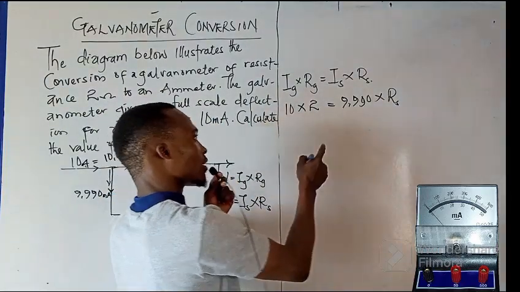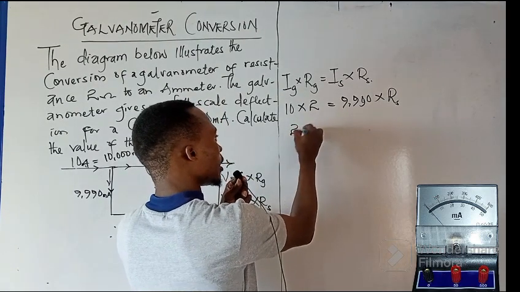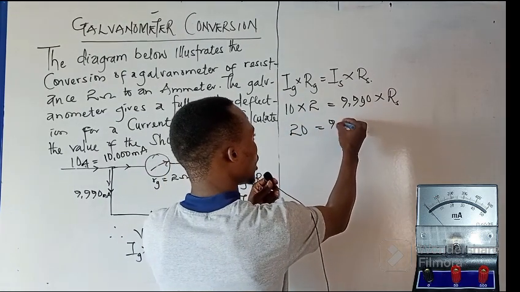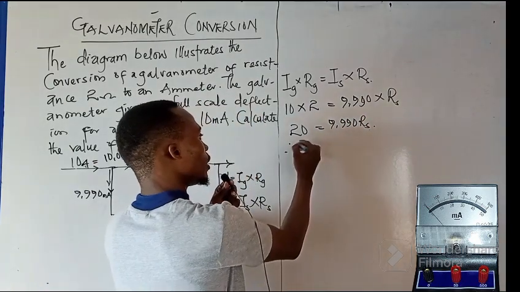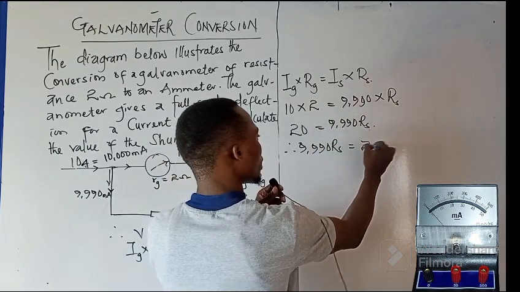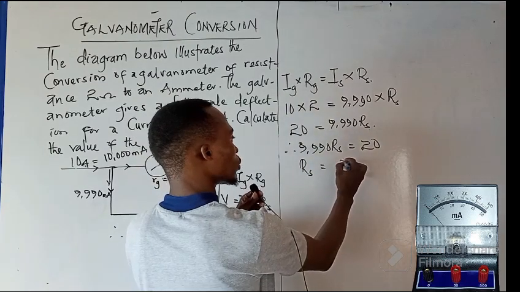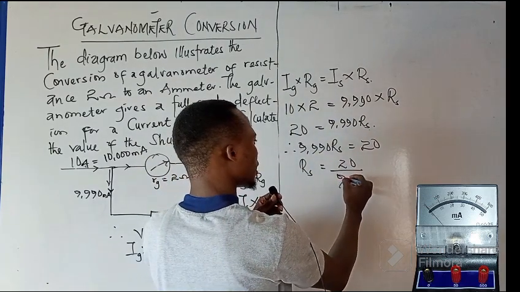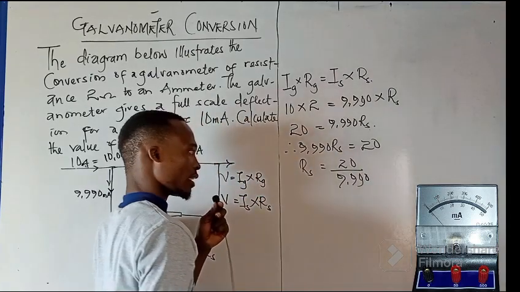Making the resistance of the shunt the subject of the formula, we have 20 equals 9,990 times the resistance of the shunt. Therefore, 9,990 times Rs equals 20. So Rs is equal to 20 over 9,990.